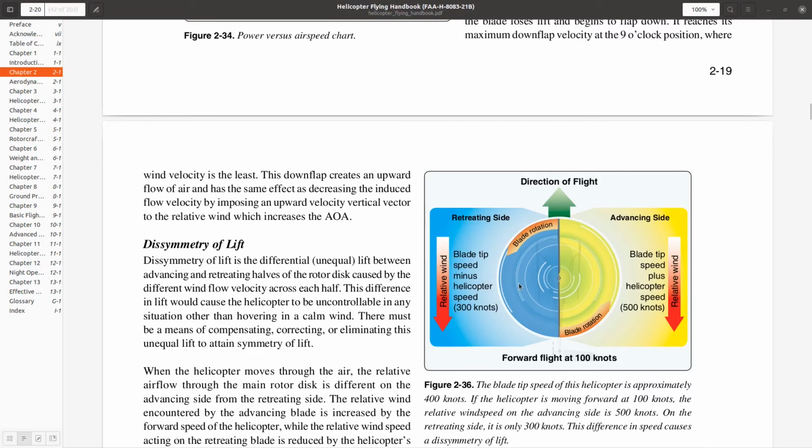So this is going to try to roll to the left. Now we just talked about gyroscopic precession. So if I apply this downward force here, it's going to be felt 90 degrees later, and the nose is going to tuck.